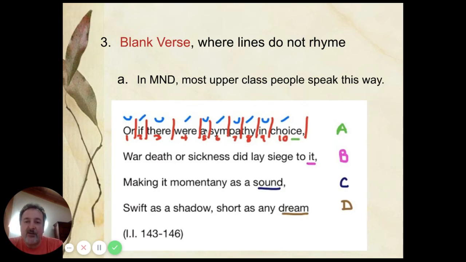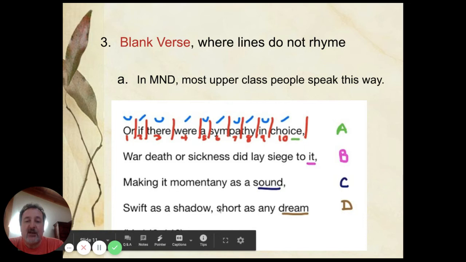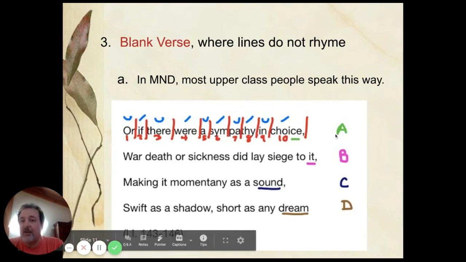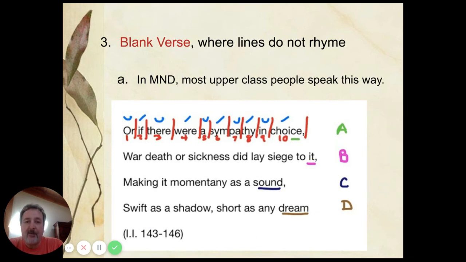So here: "Or if there were a sympathy in choice, war, death, or sickness did lay siege to it, making it momentary as a sound, swift as a shadow, short as any dream." Again, you have a rhythm, and you have a meter. I counted out the syllables here. But there's no rhyme scheme. Choice, it, sound, and dream do not rhyme. Right?